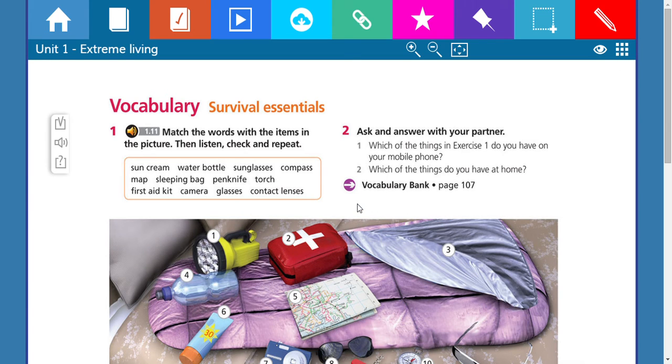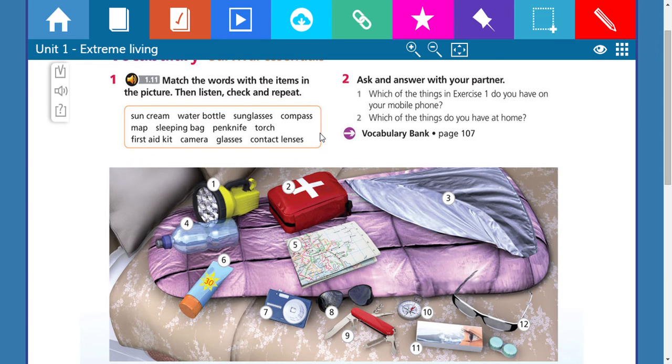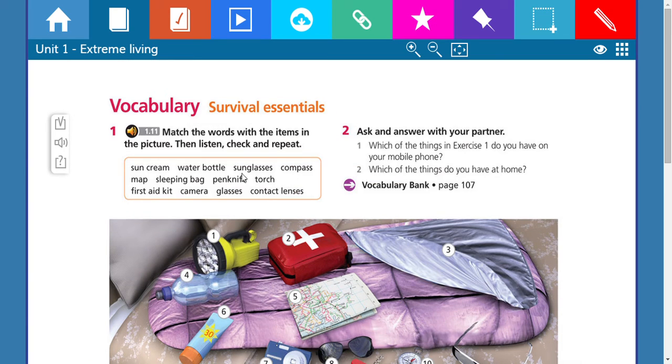Okay, in this part we have new vocabulary and it says survival essentials. This is a kit for survival, not survival. For example, when you go camping to a place and you don't know if that is easy or difficult to be there, you have your survival essentials.